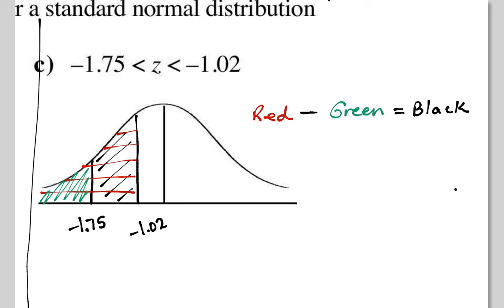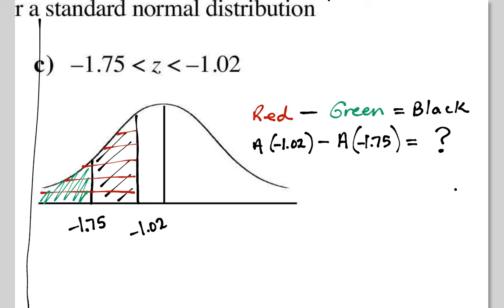And now we can actually put in what those are. So how do you find the red one? Find the z-score for the 1.02. How do you find the green one? Find the area for this one. And that will equal what you want.